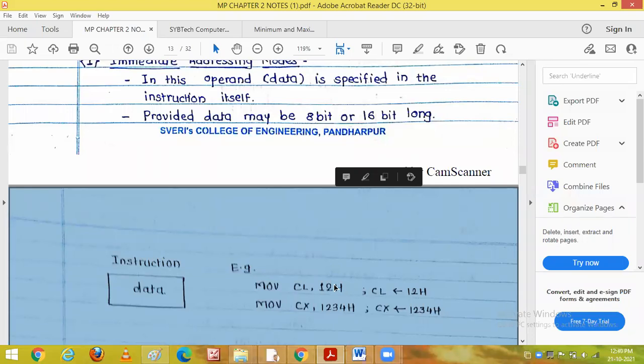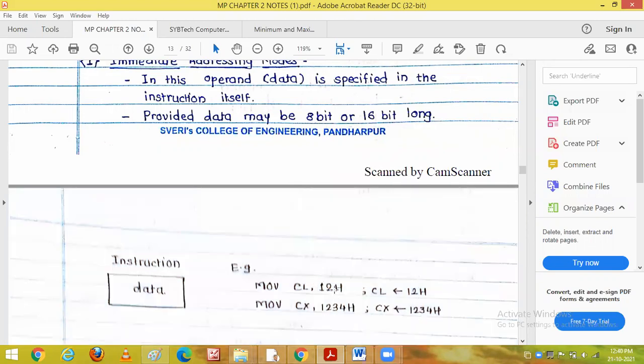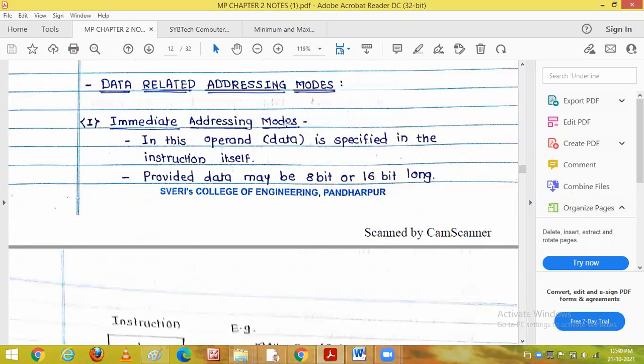That is also possible. That is immediate assignment of values, like in C programming. But in the microprocessor, you add a value immediately to the register by using the instruction. That we say is immediate addressing mode.